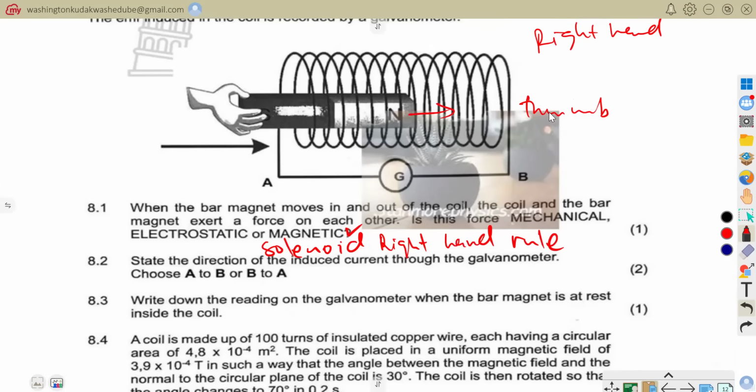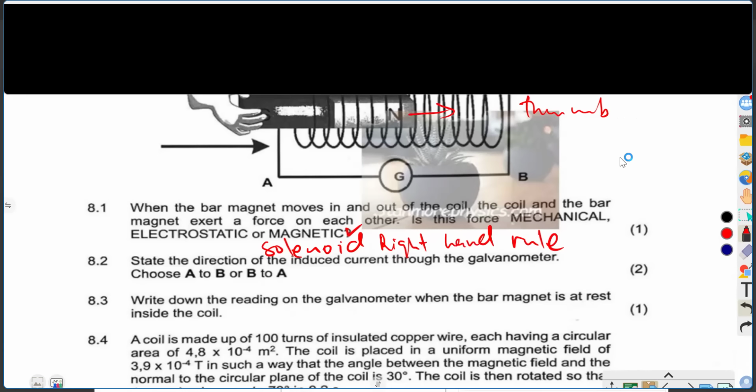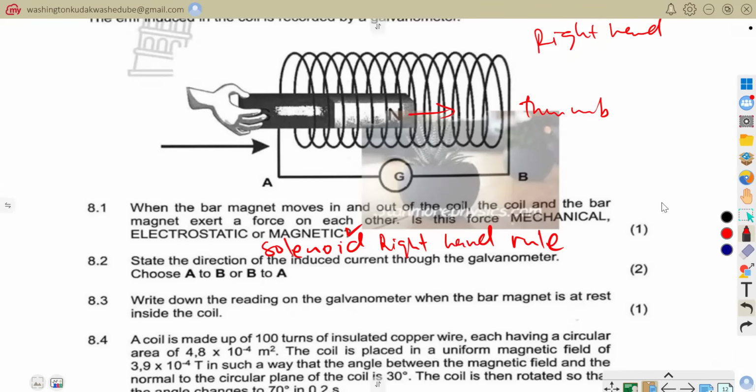As our thumb is pointing in that direction, some would ask why. Okay, fine, let me explain. According to Faraday's law, whenever there is a change in magnetic flux, there is an EMF that is induced, and that induced EMF is directly proportional to the rate of change of flux.